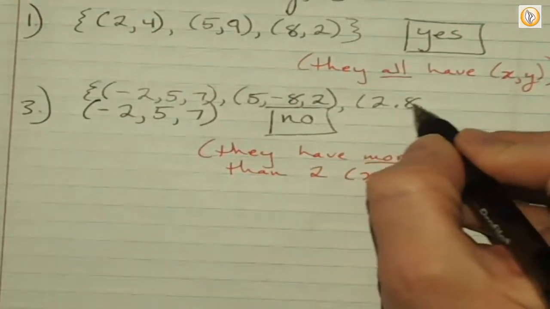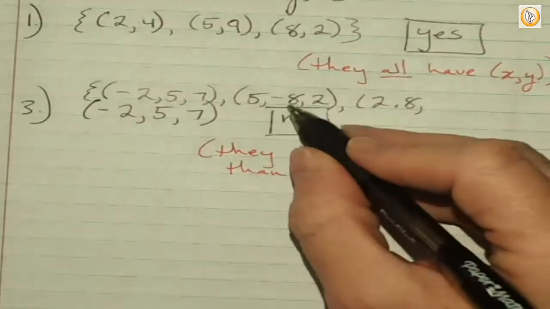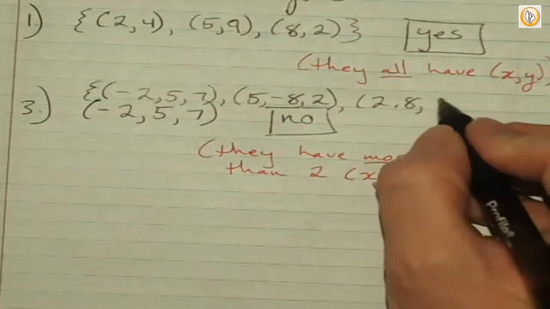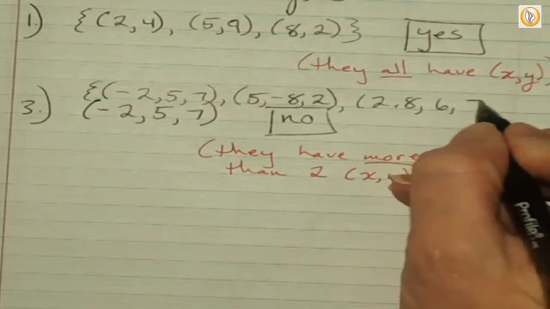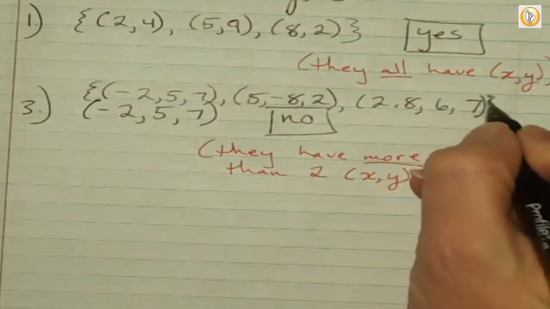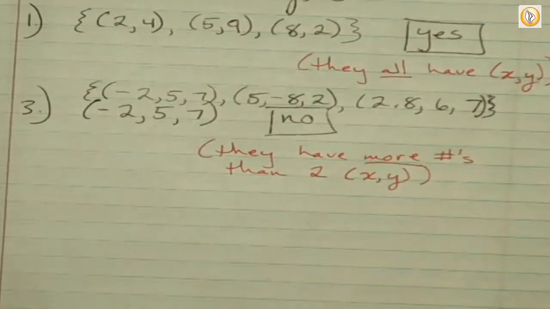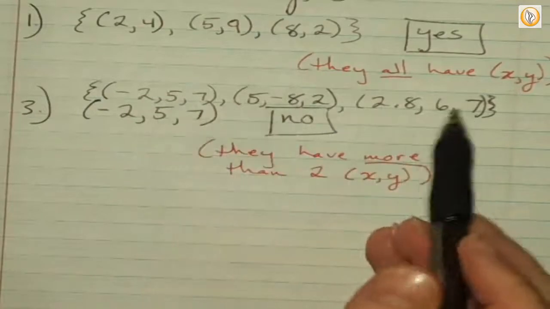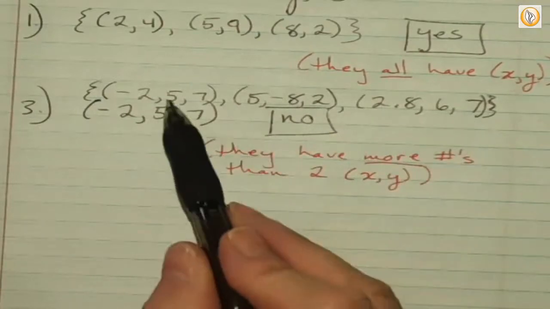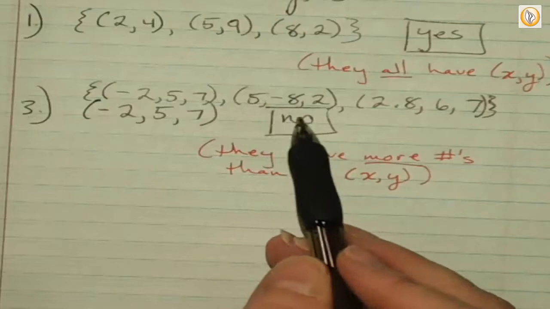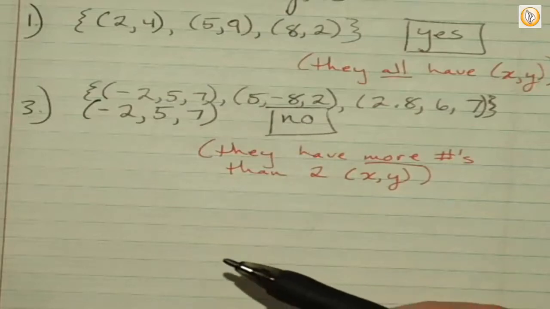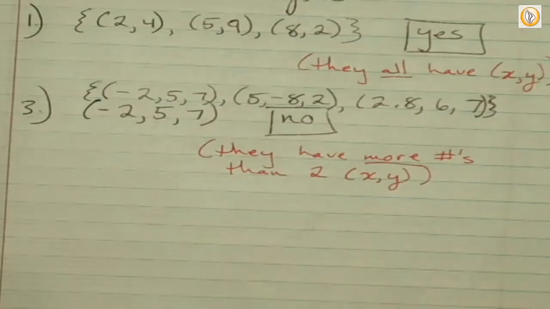By the way, see this has a decimal right here, and this is a negative number. That's okay. There we go. There it is for the people at home. There's the problem, and it's a big old no because there's 3 numbers in there in each parenthesis. Thank you, Sophia. I can always count on you.